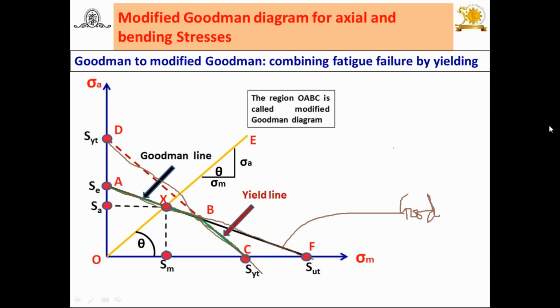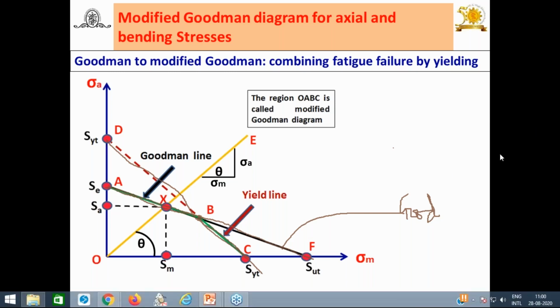Try to understand. Because of that, the region O, A, this point B and this point C, OABC, is called the modified Goodman diagram for combined fatigue, modified Goodman diagram for axial bending stresses.